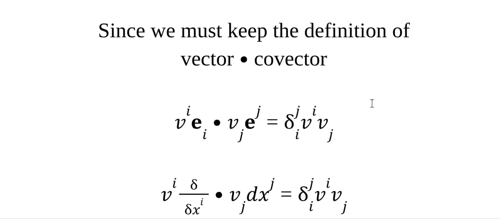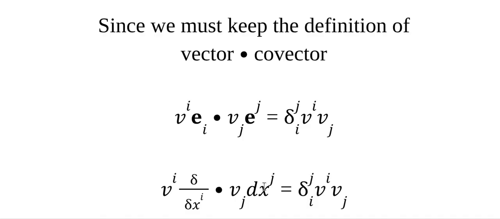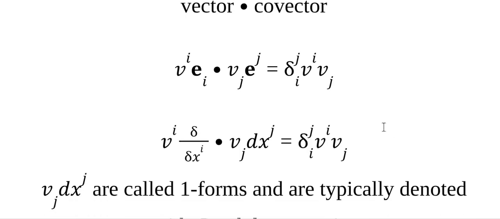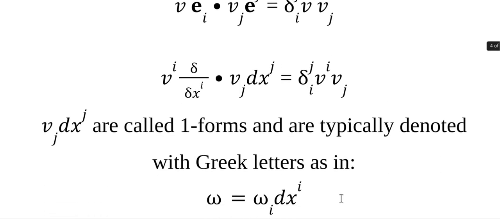There's only one way you can do it, which is to call this dxj, which will give the Kronecker delta. So it will equal a scalar. Well, this thing here is called a one form, and they're typically denoted with Greek letters like this. So in local coordinates, omega would equal omega i, see, it's covariant, dxi contravariant.